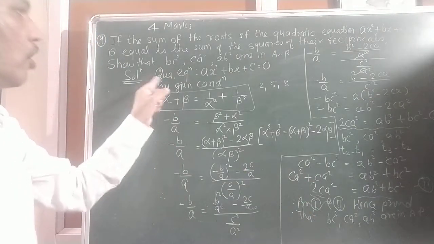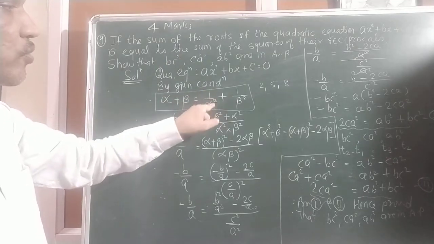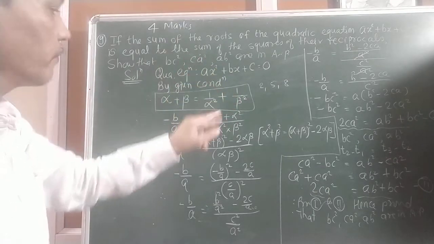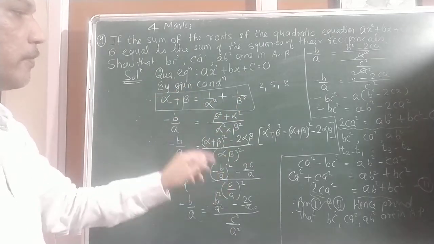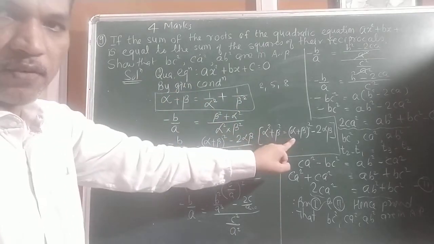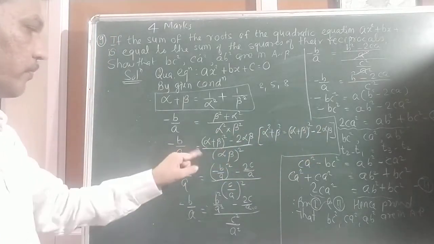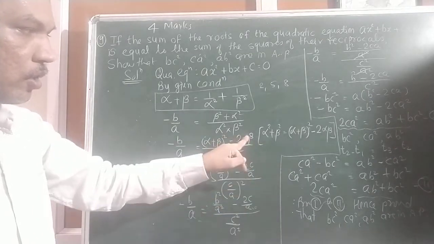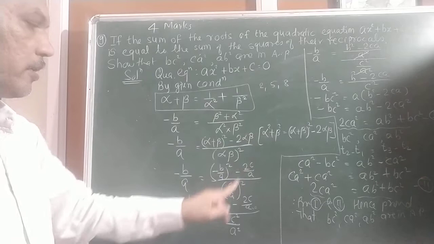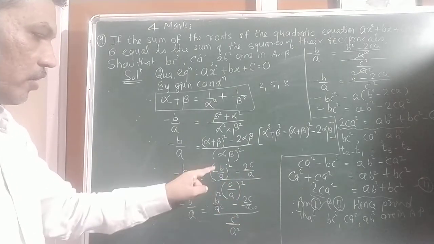Again I am repeating. Quadratic equation given, condition given: sum of the roots is sum of square of reciprocal. This is the unseen sum. Then formula, then cross multiplication. What is alpha square plus beta square? Alpha plus beta whole square minus 2 alpha beta. This is the formula. Then alpha plus beta is minus b upon a, alpha dot beta is c upon a. No sign means dot, multiplication. So alpha dot beta is c upon a, here also square.